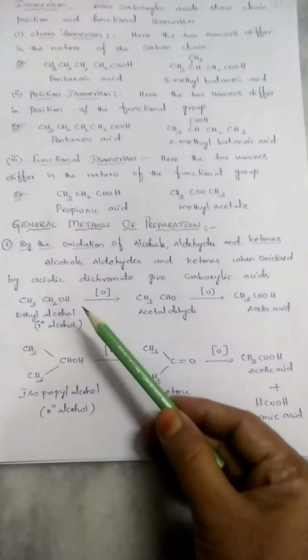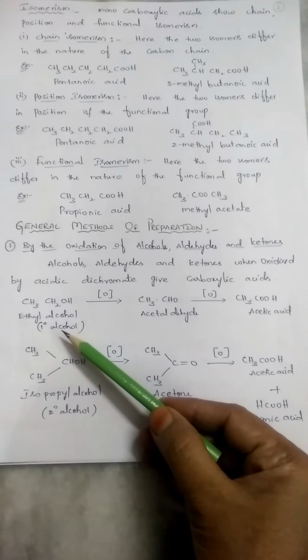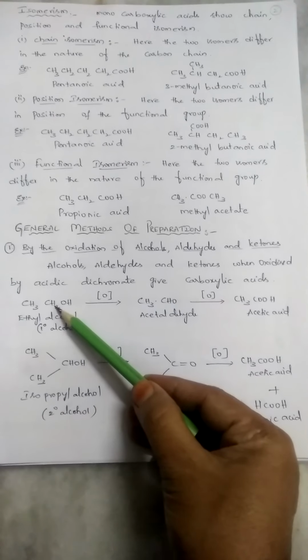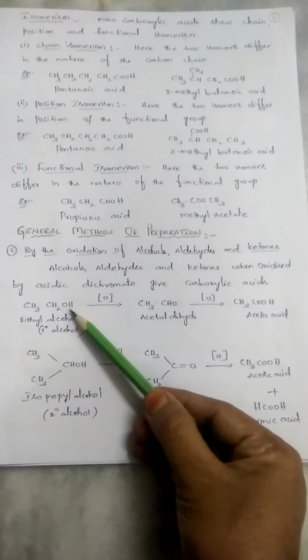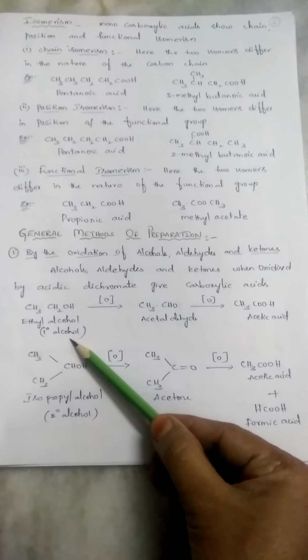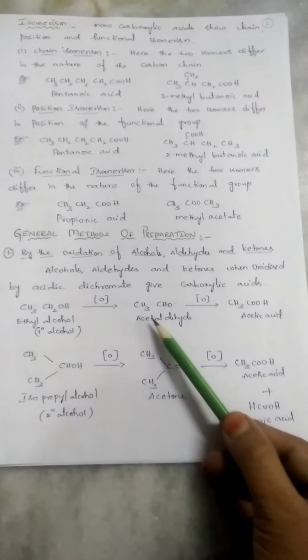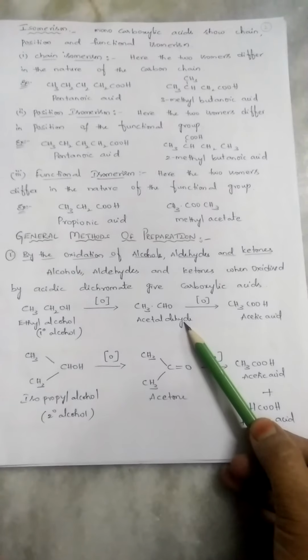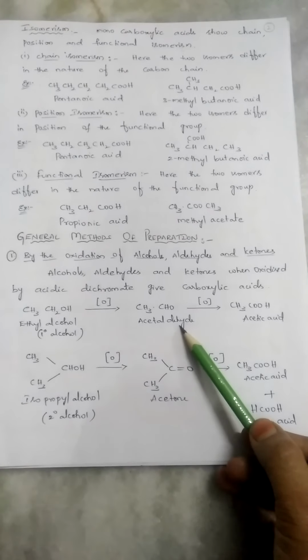So here, taking this primary alcohol, I hope everyone knows what is meant by primary alcohol. A carbon which is connected to only one carbon is called a primary carbon. Because this OH group is connected to a primary carbon, we call them primary alcohols. This primary alcohol upon oxidation forms acetaldehyde, CH3CHO.